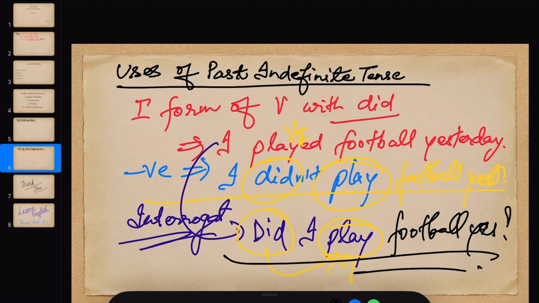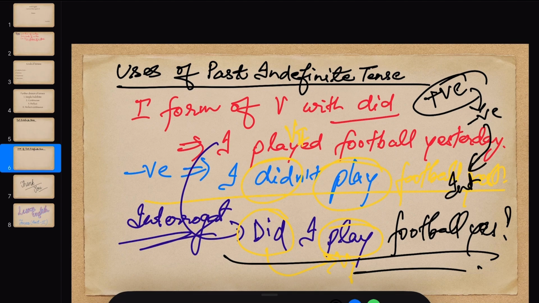So we have seen the positive sentence. Then how to change it into negative form, then negative to interrogative form, then negative of interrogative.